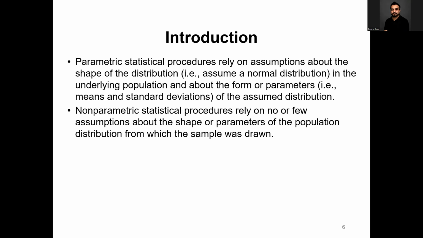So as I said, we have two types of statistical procedures. Statistical procedures can be parametric or non-parametric. For example, linear regression, Pearson correlation, independent sample t-test, paired sample t-test, ANOVA. These are all parametric tests.